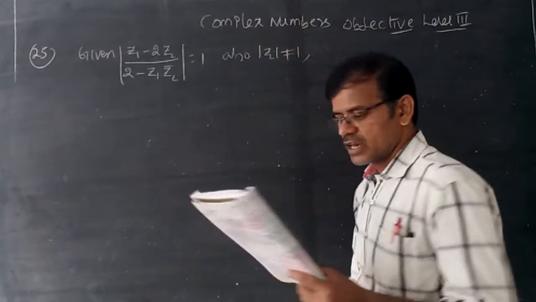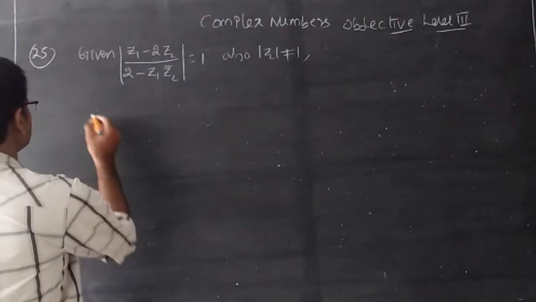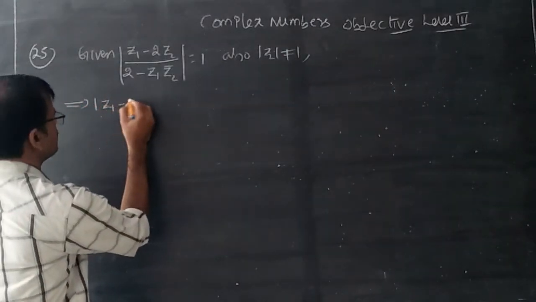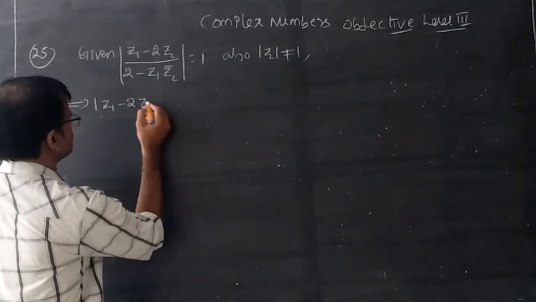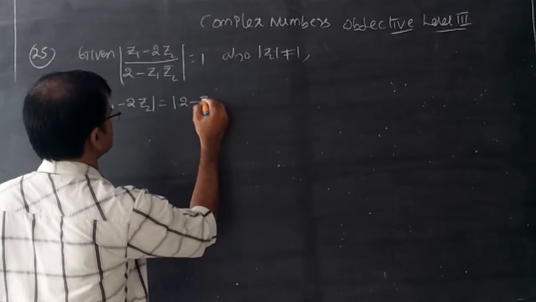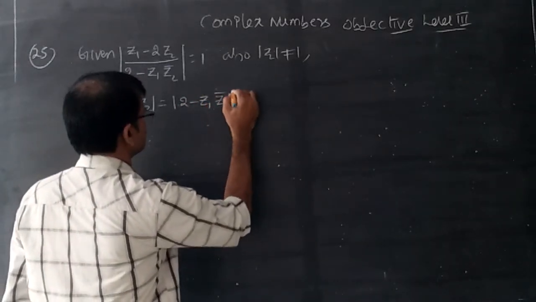So we should calculate regarding Z1, modulus of Z1. Now take cross multiplication and squaring both sides, and take care properly. Modulus of Z1 minus 2Z2 is equal to modulus of 2 minus Z1 Z2 bar.